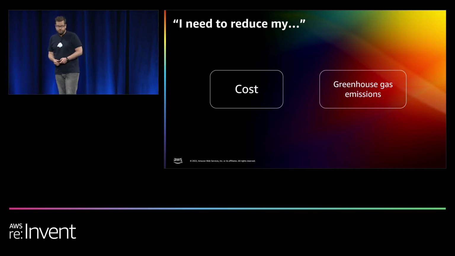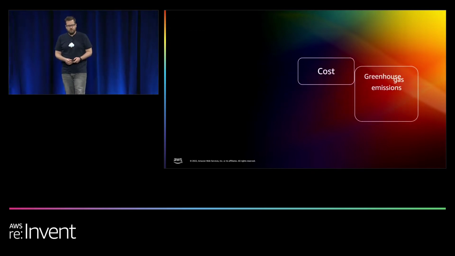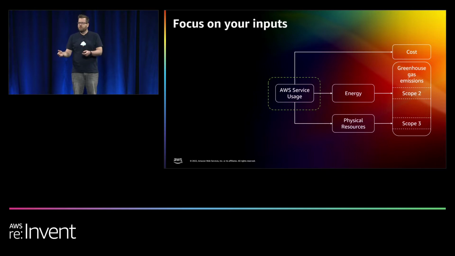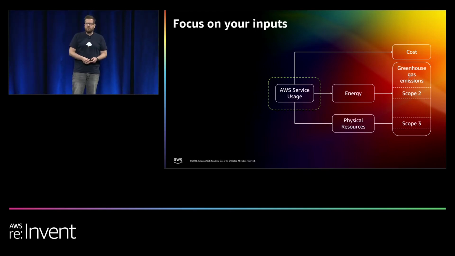and AWS and other vendors actually are in their scope 3. If we take a step back from these output goals, from these outputs, and take a look at the inputs, we see the bigger picture. We see that cost is a simple function of your AWS service usage, some purchase options, and the pricing term of a service. The emissions are more complicated, but it boils down to two things.